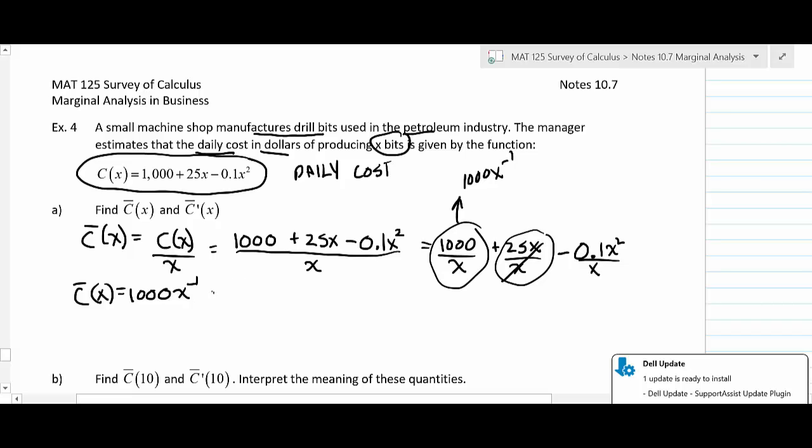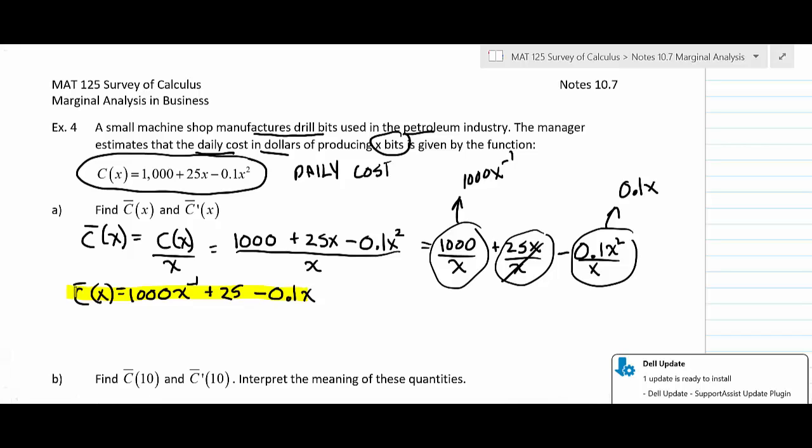The X's cross out, so that's 25. Next term, what happens? One of the X's cross out, so you're at 0.1X. So there's the algebra that's involved in that with simplification. So right there would be the best way to write that average cost function. Okay, all you got to do is divide by X to get an average function. Okay, and the bar is what tells you that.